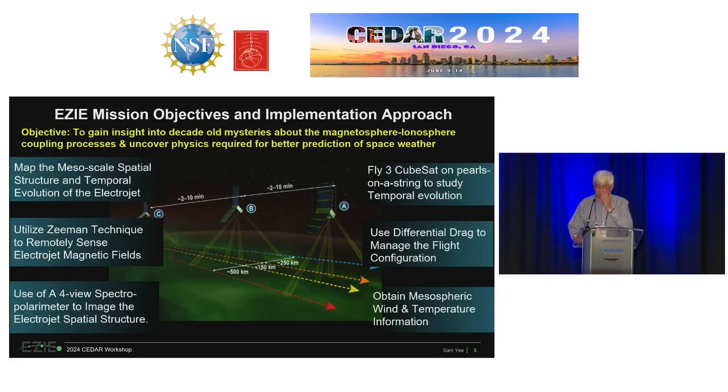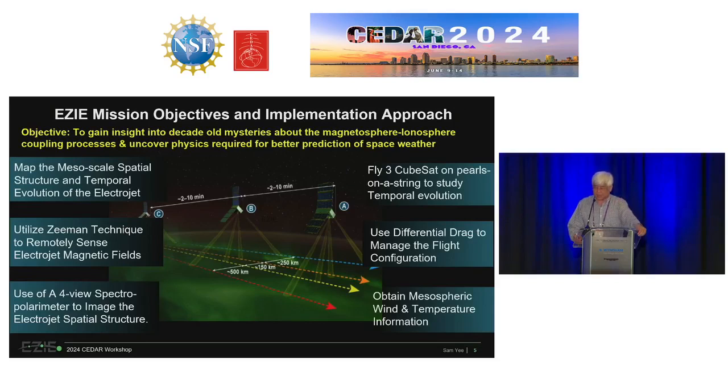So how we actually do it, the implementation scheme, is first to make measurements that map the mesoscale spatial structure and temporal variation. Then we use this so-called Zeeman technique, and I'm going to give you a little bit more detail. We use a four-view spectral polarimeter to image the electrojets, as shown in the middle figure here. The four views give observations with beam separations from 150 kilometers to 500 kilometers.